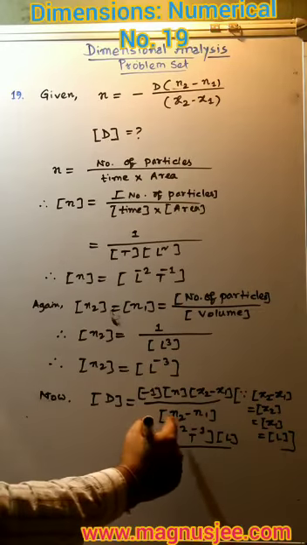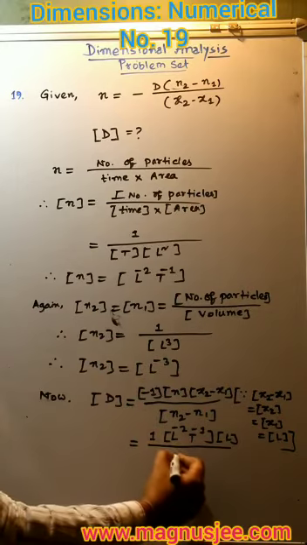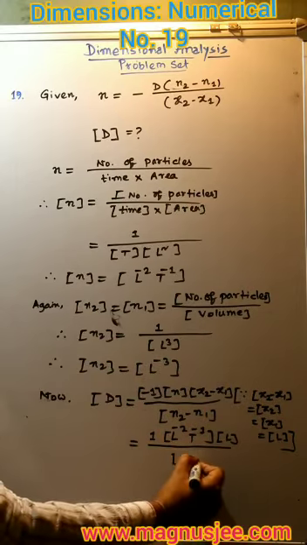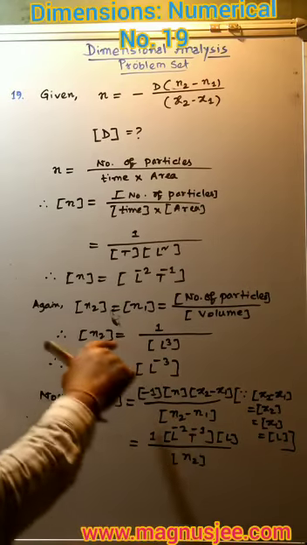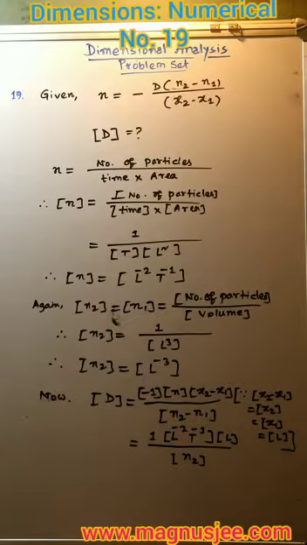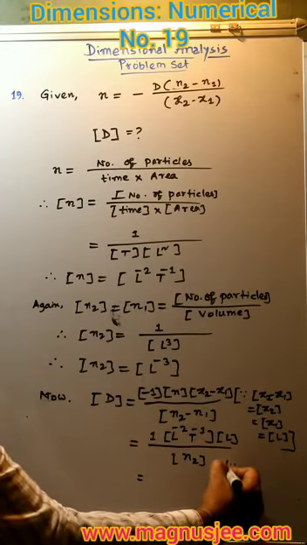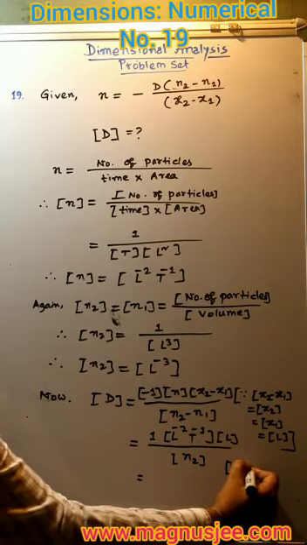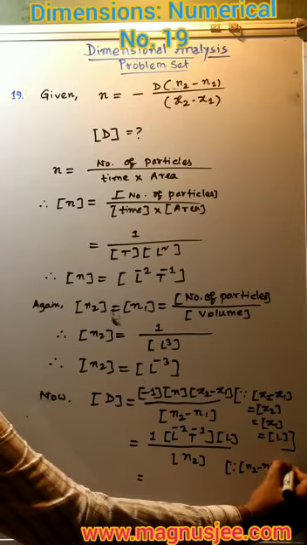And what about the dimension of n2 minus n1? That will be equivalent to the dimension of n2. What is the logic? N2 and n1 have the same dimensions, so the dimension of n2 minus n1 will have the same dimension as that of n2.